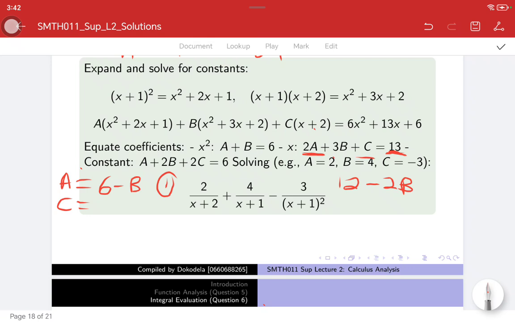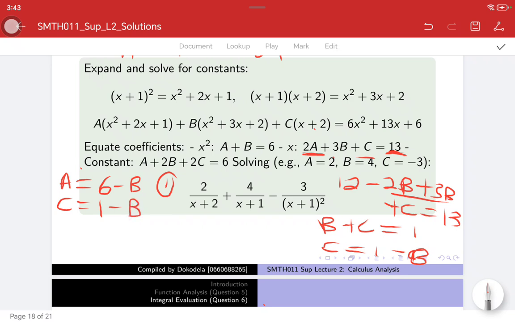And then plus 3B plus C equals to 13. Then we know that this is going to give us positive B plus C. When I take 12 to the other side, it's going to give us 1. And then here, I can make C the subject of the formula to be 1 minus B. Yeah, this is correct. 1 minus B.